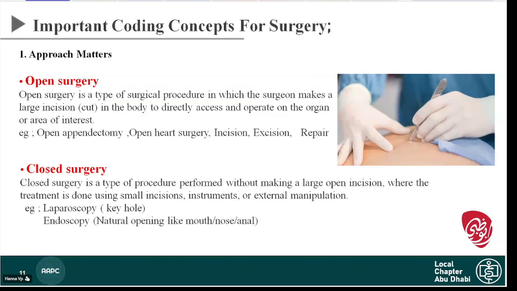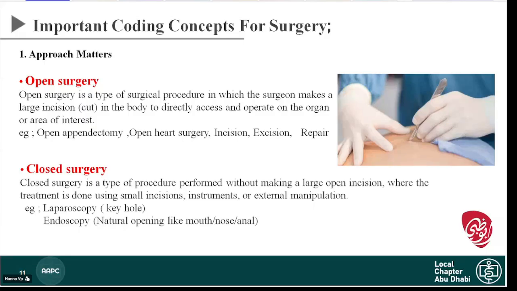So what are the examples given here for open surgeries? Open appendectomy, open heart surgeries, incisions, excisions, repair. These we can consider as open surgeries. Then the second one, closed surgery.